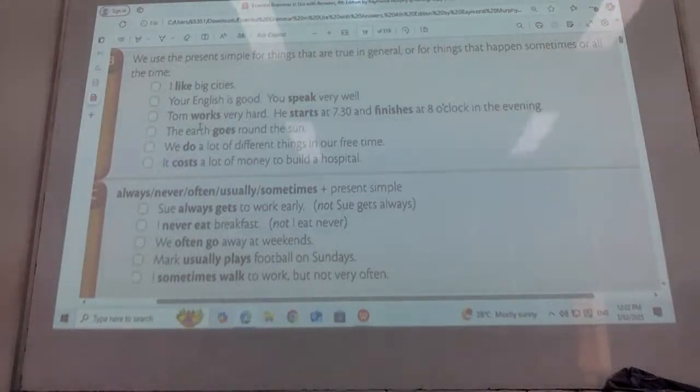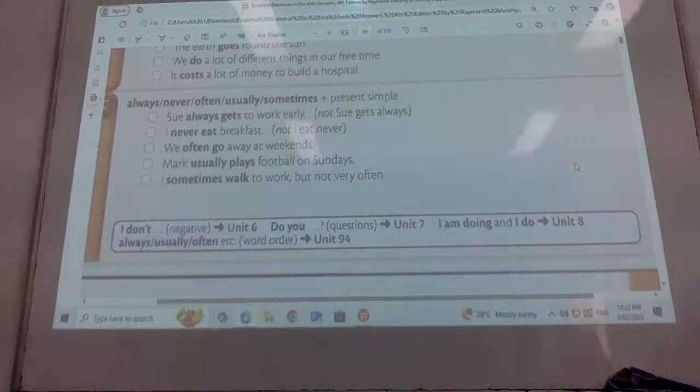We do a lot of different things in our free time. It costs a lot of money to build a hospital. It costs, so meaning it costs money, right? It's expensive.